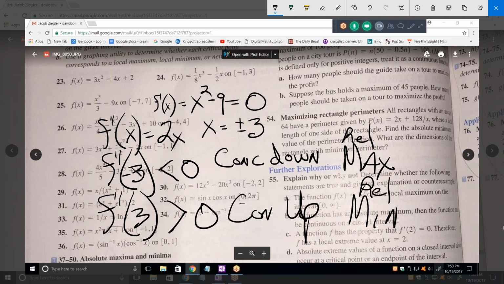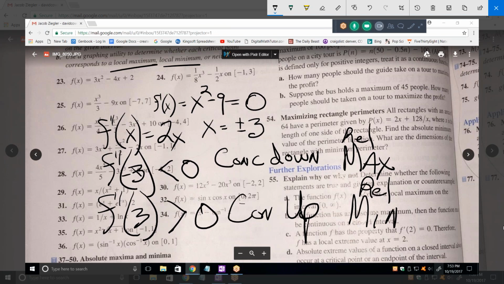Now, I'm not sure the purpose of their closed interval here, because they don't ask about absolute maximums and minimums. They only ask about local ones. So there is no need to examine the endpoints. If they'd asked us also whether these were absolute maximums or not, we would have had to do more than just figuring out whether it was negative or positive.